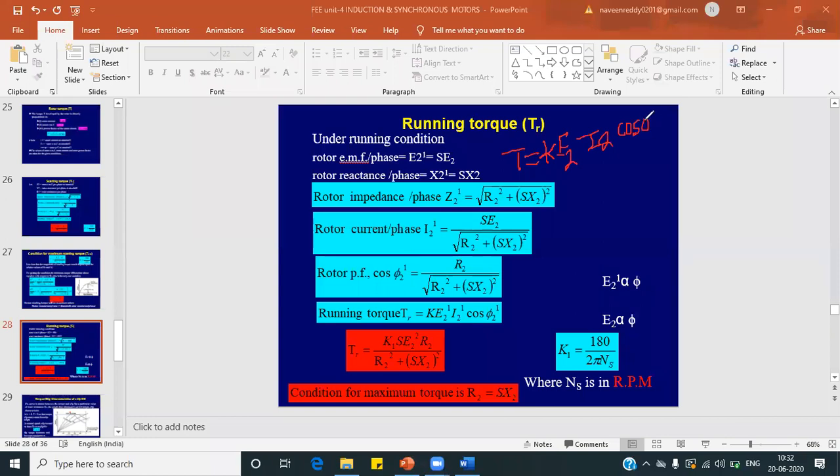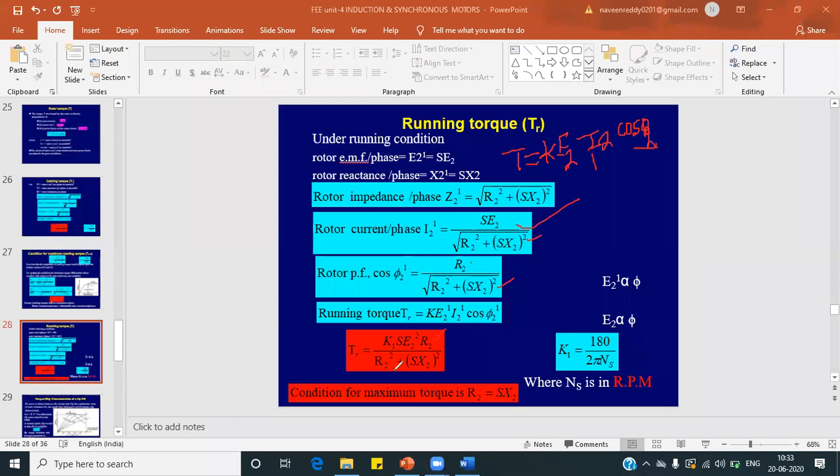This is the generalized torque equation. E2 is as it is, and what is I2? This is I2: S E2 divided by square root of R2 square plus S X2 square. Now cos phi 2 means R2 divided by the same impedance, so here R2 is written. Now this denominator, both are the same.